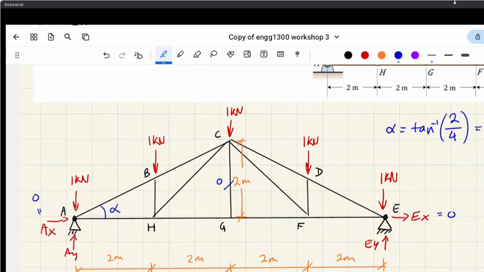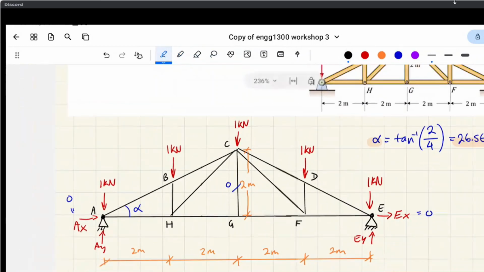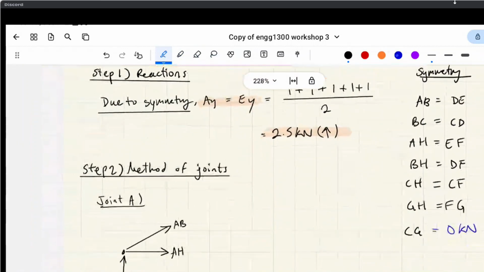It's like 26 or something. 26.565. This angle comes up a lot, by the way. 26.565, okay?